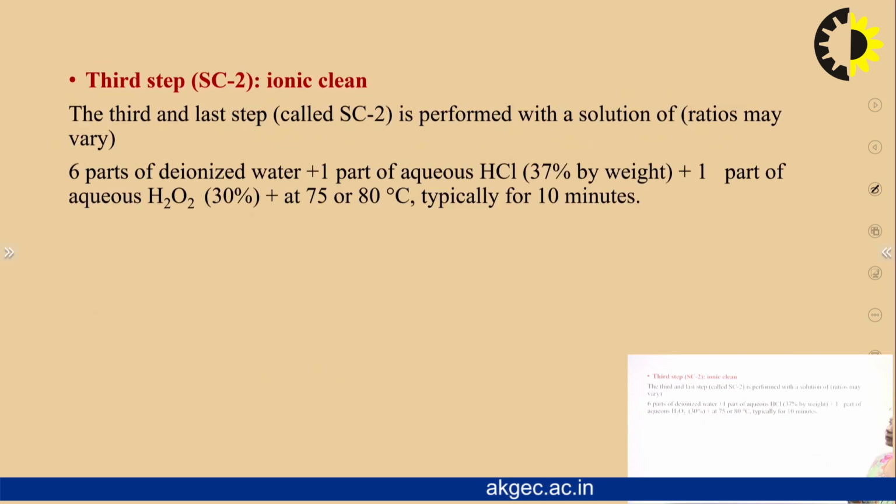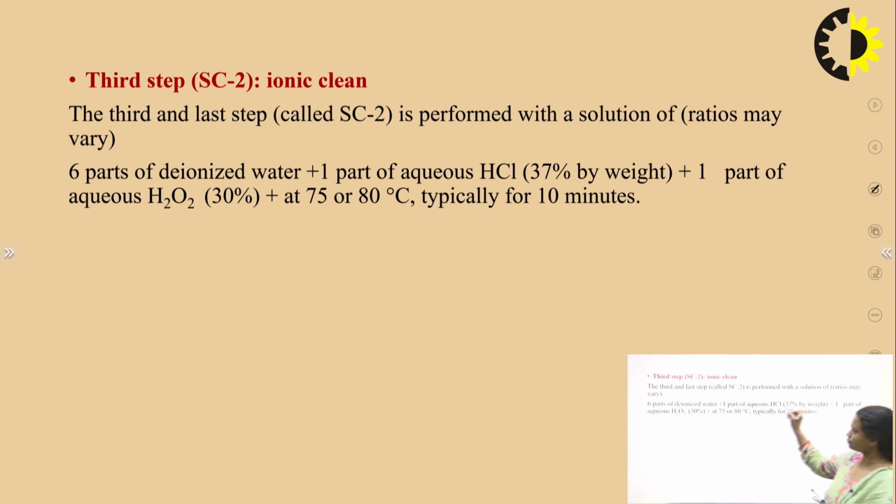So this is the third step. Again, the third step is SC2, as the second step is just an optional step. In SC2, it is a standard clean method. We are using a solution of 6 parts of deionized water. What is deionized water? Deionized water is basically the distilled form of water. The water which we are using, if it is extra distilled, we say that it is deionized water.